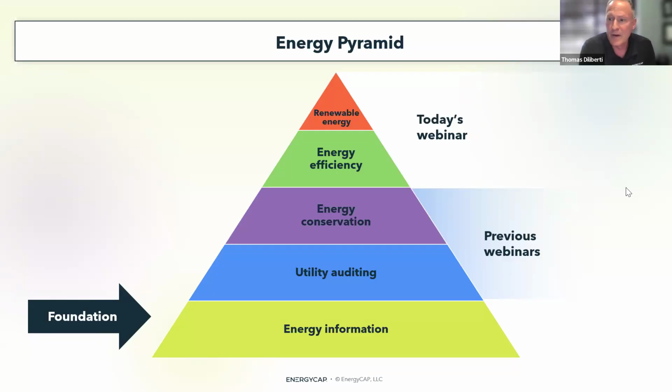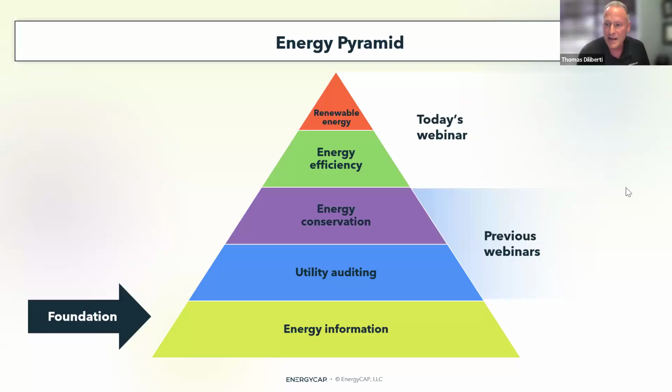We had a whole webinar that really focused on strategies for energy conservation. But today's webinar is near the top of the pyramid. What I want to talk about today is energy efficiency and renewable energy. The concept in short is once you get all of your information together, you should do some low-cost things in the beginning by auditing bills and implementing culture change and energy conservation.